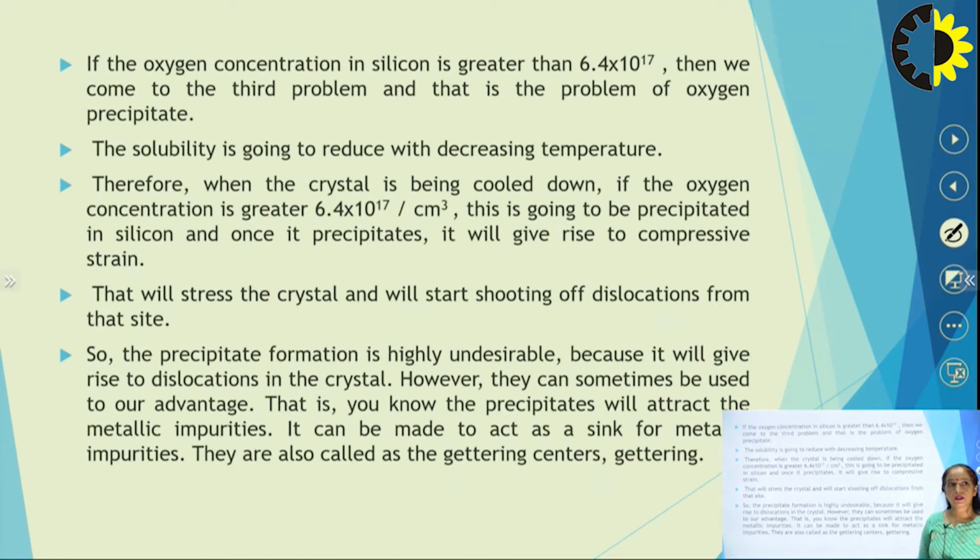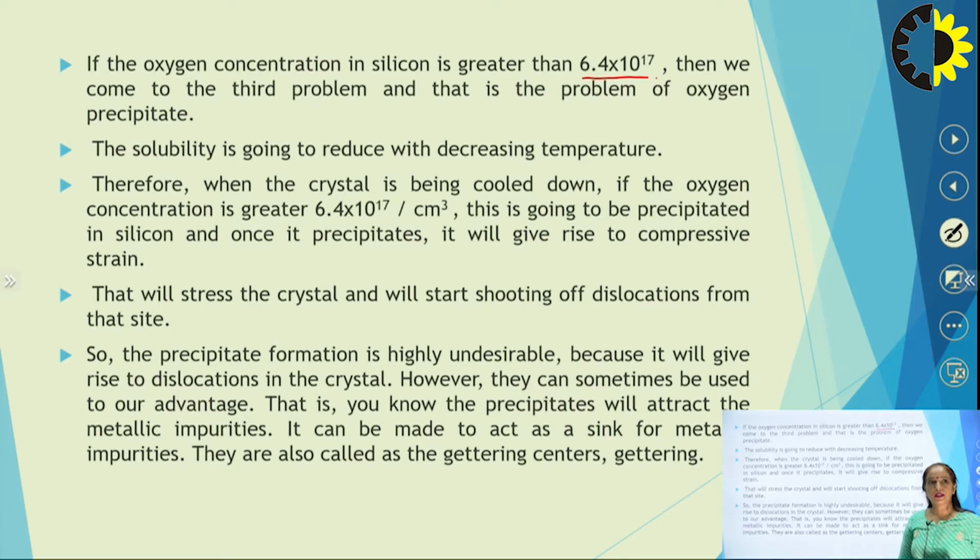If the oxygen concentration in silicon is greater than 6.4 into 10 raised to the power 17 per centimeter cube, the third problem comes into the picture, that is oxygen precipitation. We know that the solubility of any solution is reduced if you decrease the temperature.